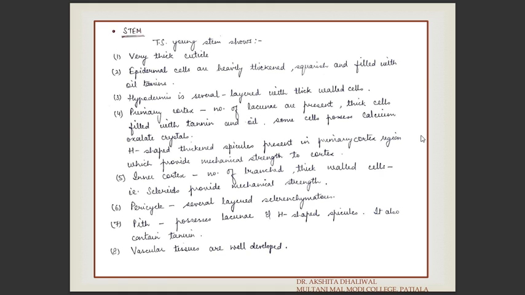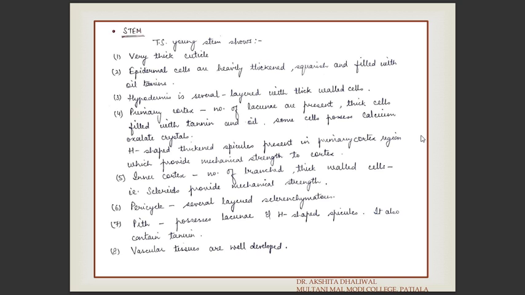Primary cortex contains a number of lacunae, thick cells filled with tannin and oil, and some cells possess calcium oxalate crystals. There are egg-shaped thickened spicules in the primary cortex region which provide mechanical strength to the cortex.